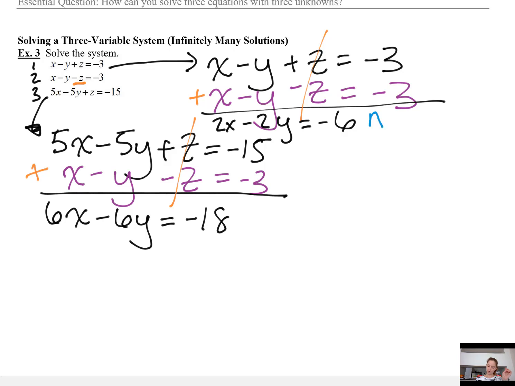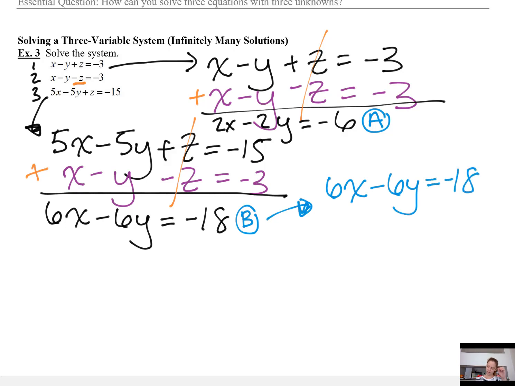I'll have what I call now equations A and B. Seems like I'll copy B. 6x minus 6y equals negative 18. And let me try to eliminate the, let's say the y's by having positive 6y, by manipulating equation A to have positive 6y, which means I will be multiplying A by negative 3.